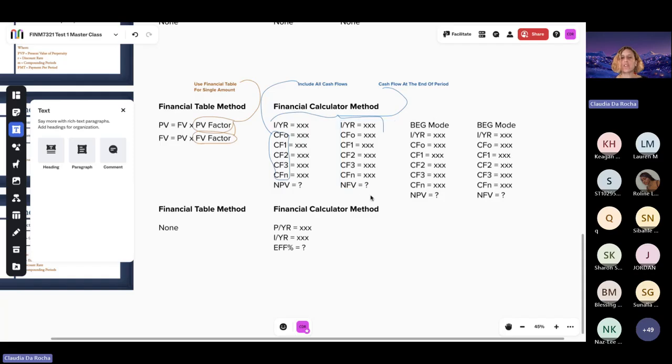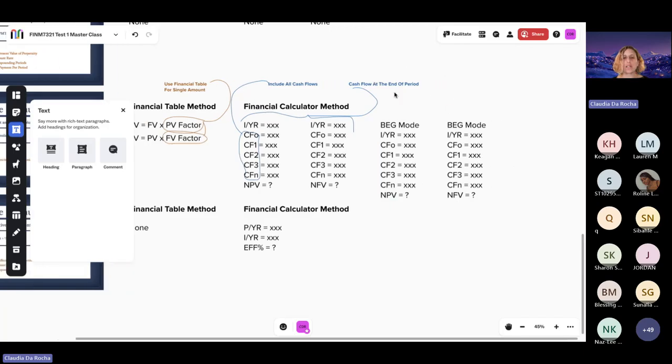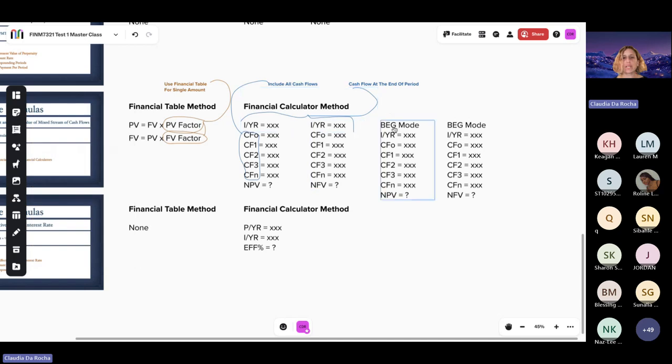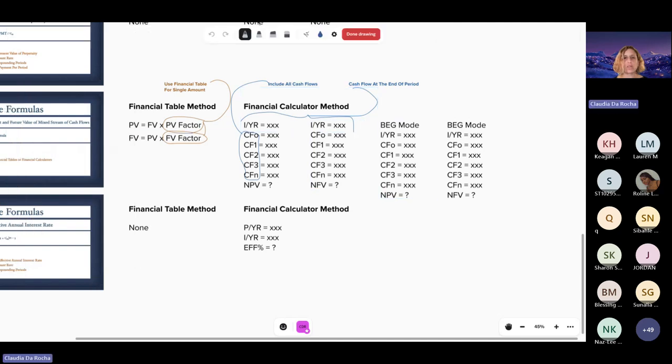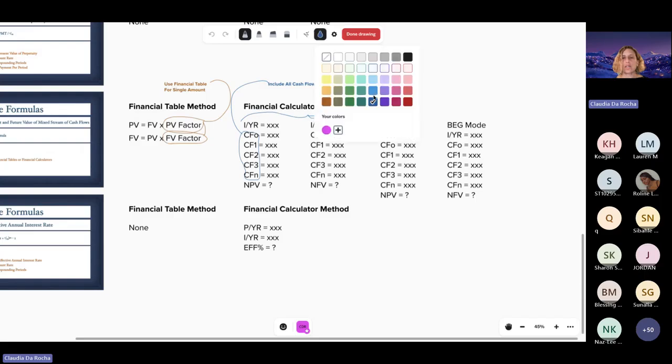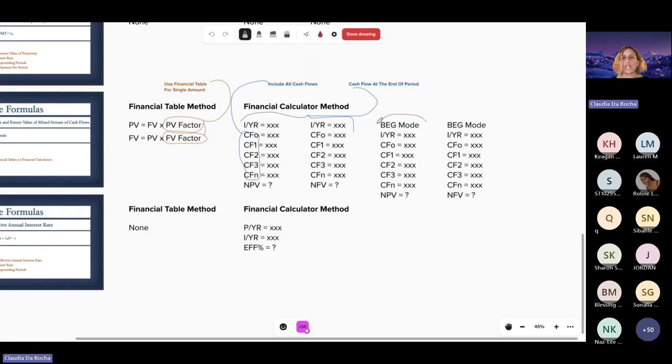So when there's a cash flow at the end of the period, there's no beginning mode, right? When we've got a cash flow at the beginning of the period, if you're using a calculator, we have to have beginning mode. So a reminder, if we are doing anything with cash flows at the beginning of a period, we must include beginning mode on your calculator.